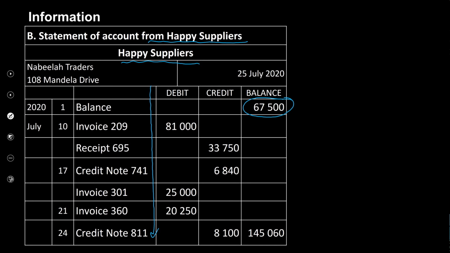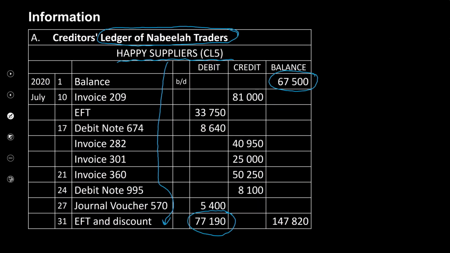But before we go to the complete answer, there's something else that I want you to note. I've mentioned it before, and I want to just say it again so that you have clarity. Look at this example here. We have receipt number 695. In our books, let's go to our books first. There's an EFT payment of 33,750.